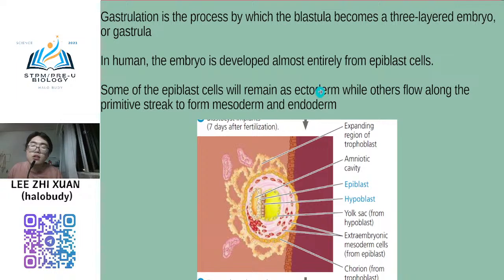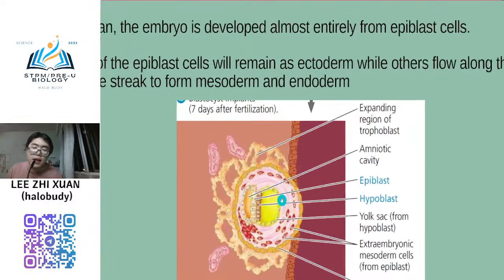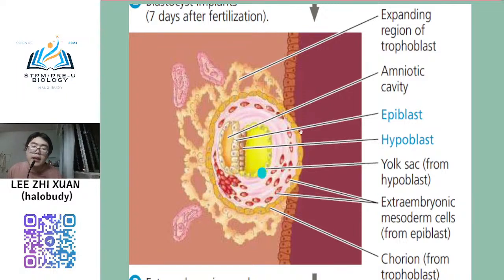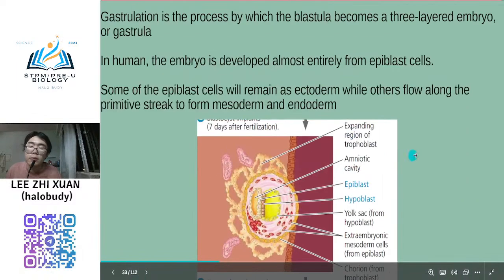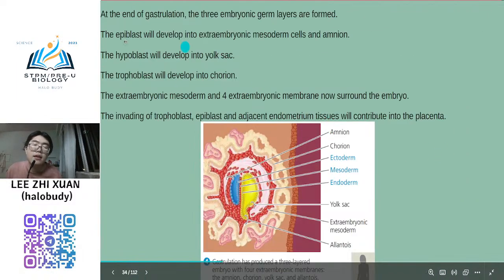So these are the three layers: ectoderm, endoderm, and mesoderm. In further development, the amniotic cavity starts forming, the yolk sac also starts forming, then the extraembryonic mesoderm cells from the epiblast, and the chorion also start forming.